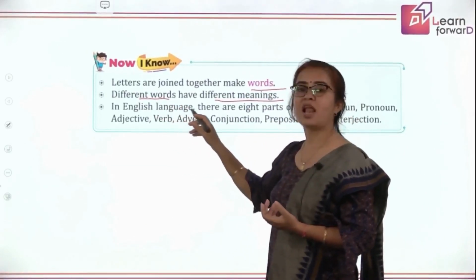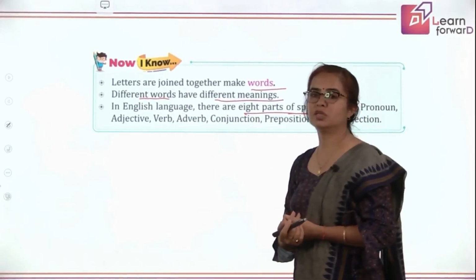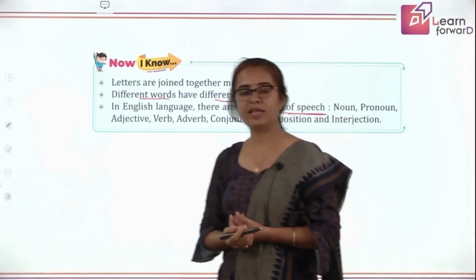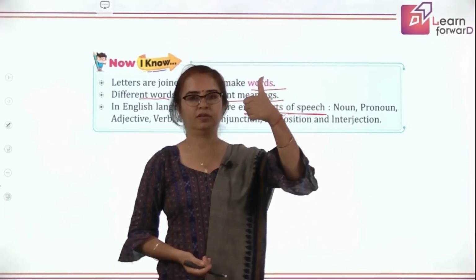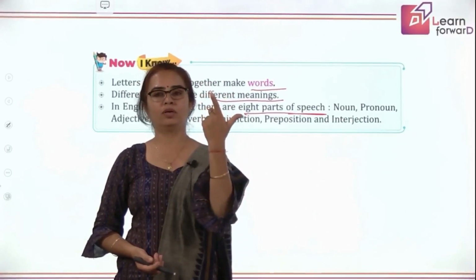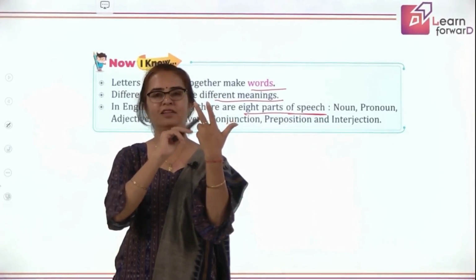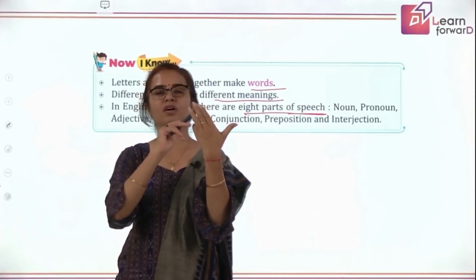In the English language, there are 8 parts of speech. Let's recall them. Noun. That is the first thing you learn in grammar. Then pronoun. The next one is adjectives. Next is verbs.